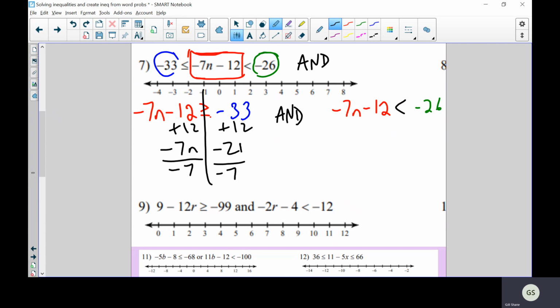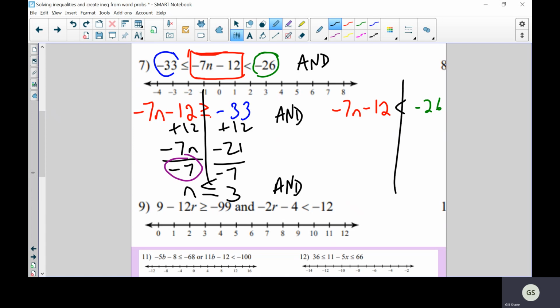Now, if I divide by a negative, which I just did, that means I need to flip the sign. So instead of it being greater than or equal to, like it was right there, I need to flip it to less than or equal to. Still have the n. Negative divided by a negative is a positive. So n is less than or equal to 3. I bring down the "and" because that's part of the final answer.